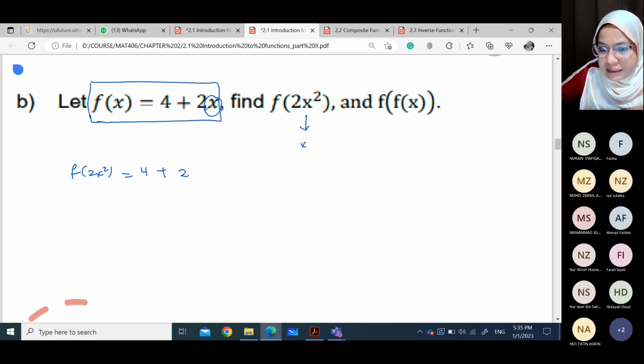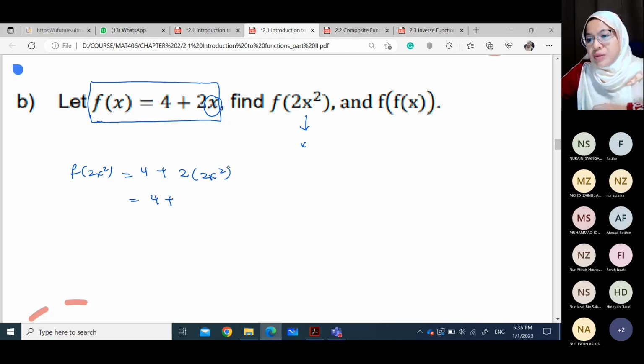So our new x here is 2x squared. So just substitute. Then here we have 2 times 2x squared. So jawapannya adalah 4 plus 2 times 2x squared. Kita akan dapat 4x squared. Simplify, then yes.